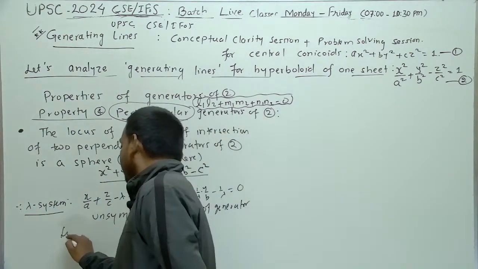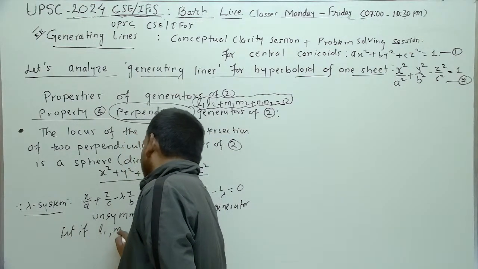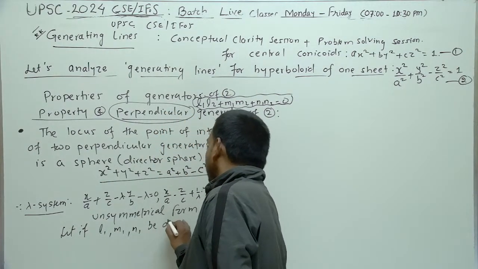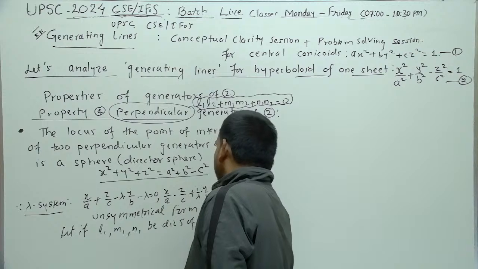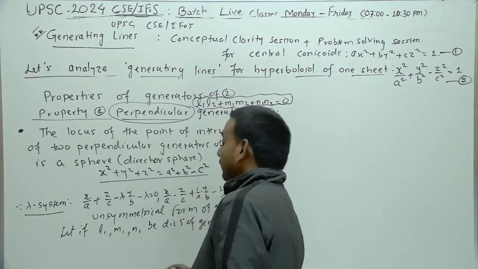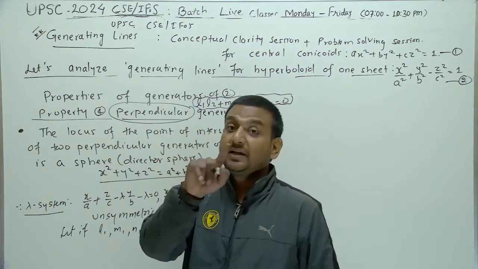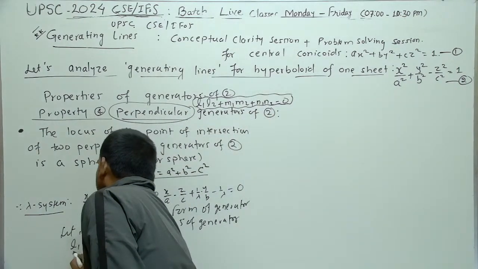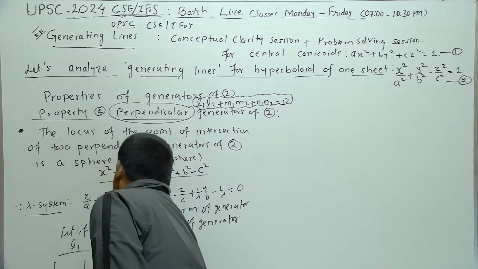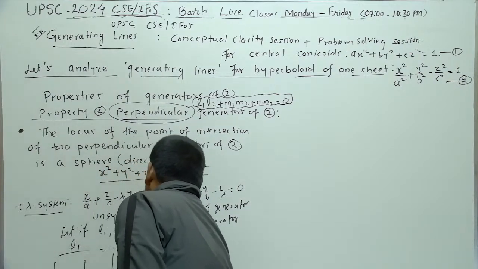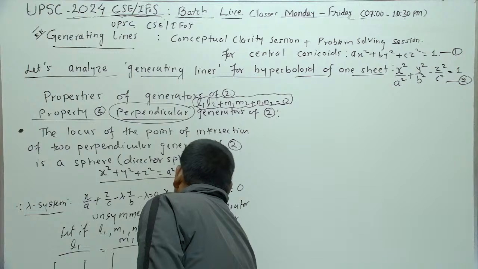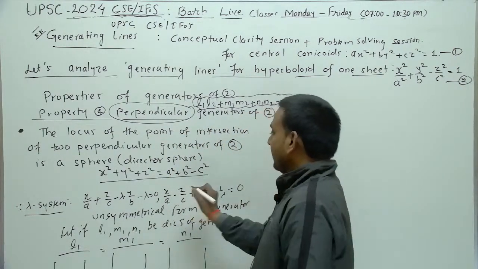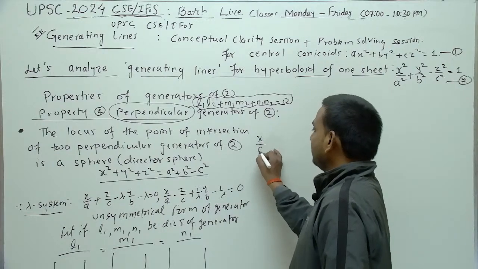So let L1 M1 N1 be the DCs of generator. So when I told you in the unsymmetrical form how to get those DCs, तो कैसे लिखते थे: L1 upon determinant value, M1 upon determinant value, N1 upon determinant value. ठीक है?